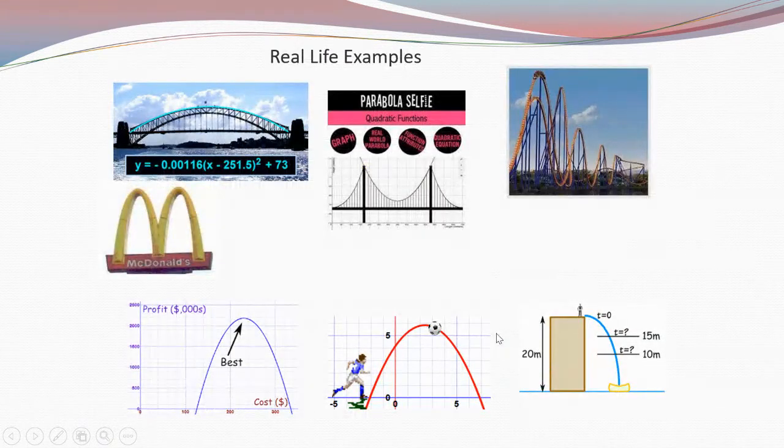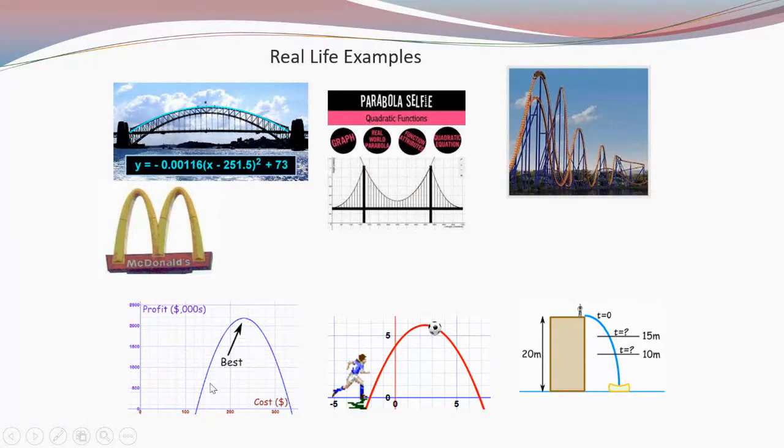Okay, now these are real life examples of quadratic equations or parabolas. You see, for example, the bridge has an arc, like a quadratic equation, and that's my equation. These are also parabolas, right? So all these are examples, and this is a roller coaster. There's a whole bunch of parabolas here. The arcs of McDonald's. And these are actually from word problems in mathematics.